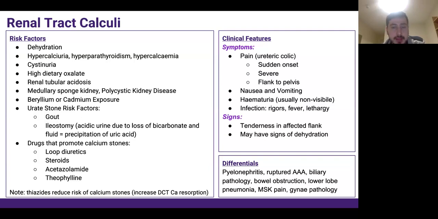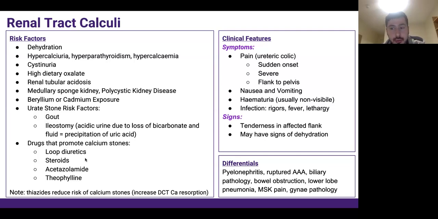And sometimes in question stems, they might talk about medications and a renal stone. So if you notice the patient's on a loop diuretic, and loop diuretics cause hypercalciuria, you can extrapolate from that that the loop diuretics will increase the calcium in the urine, and they can promote calcium stones.